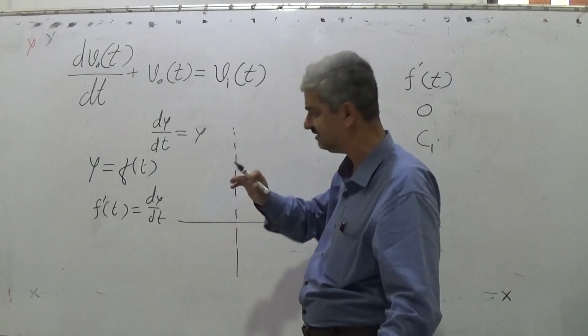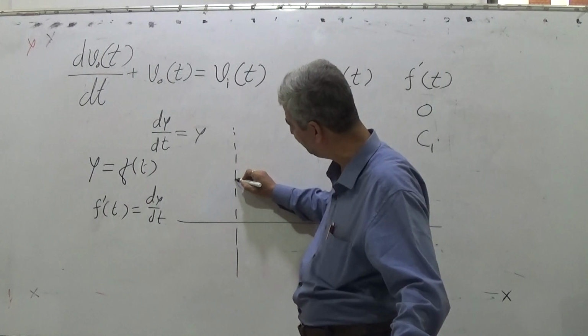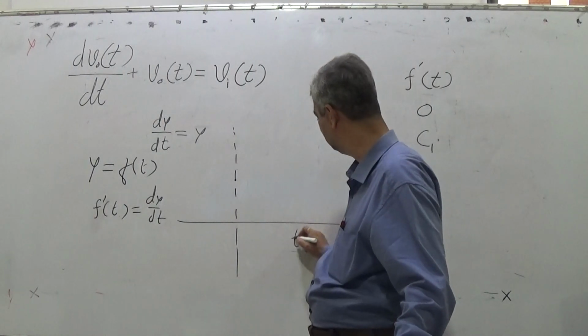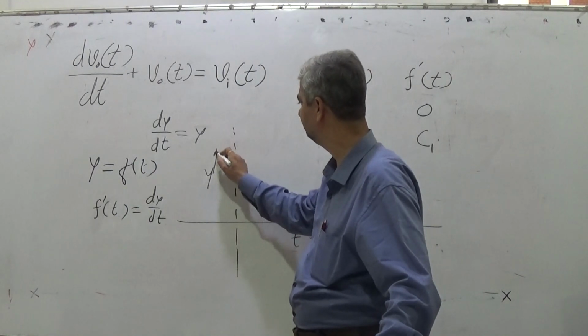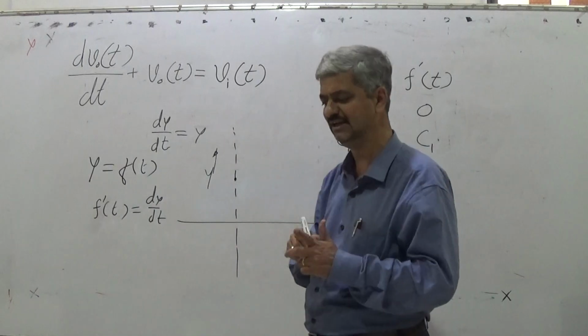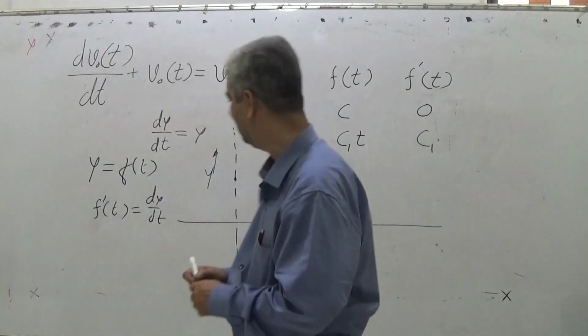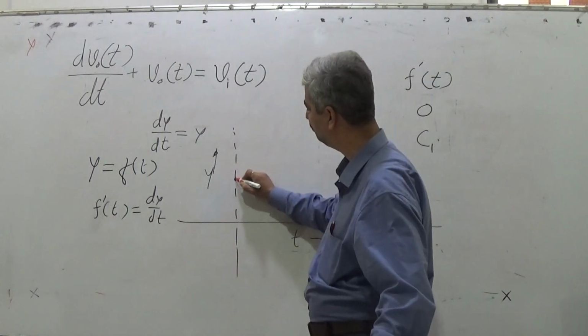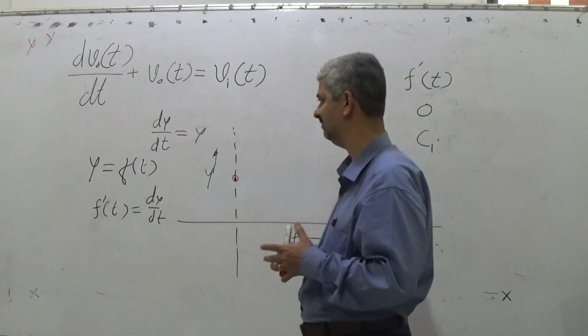Let us assume that at t equal to 0, this is t and this is y. I am deliberately choosing some value because we have freedom to choose something. We choose at t equal to 0, y is equal to 1.